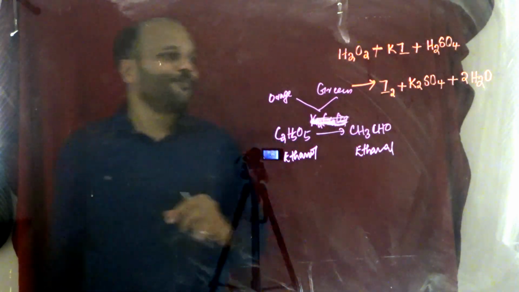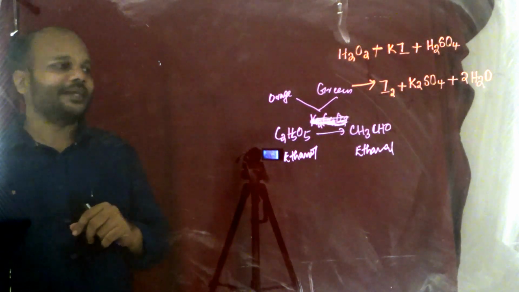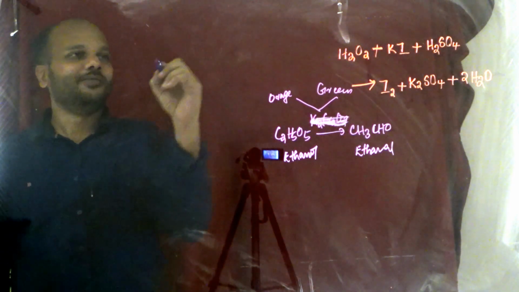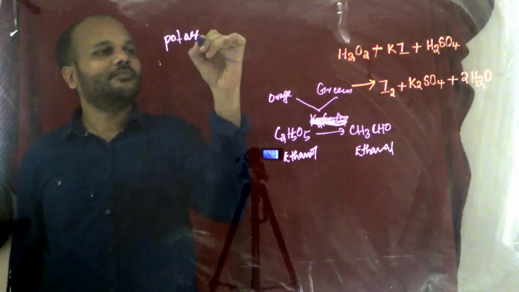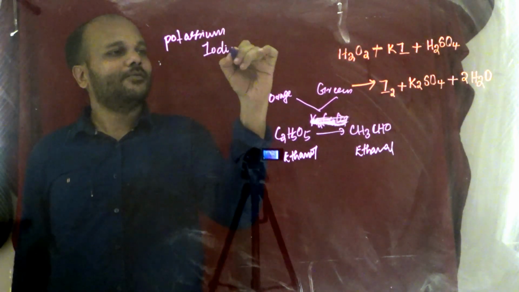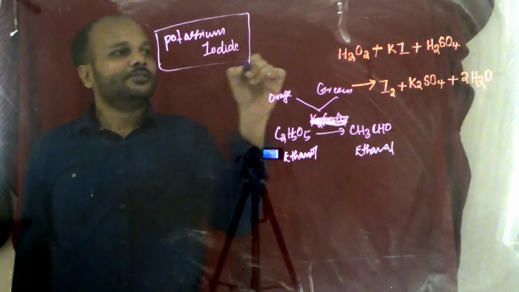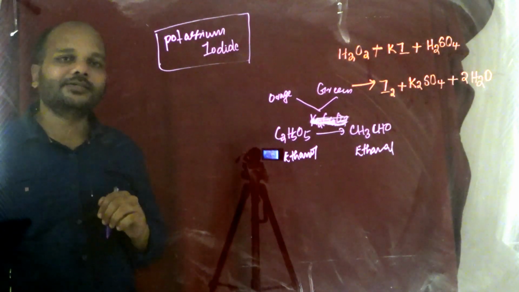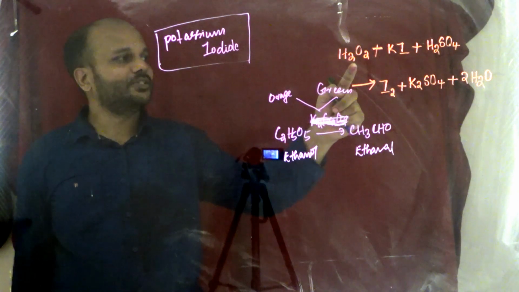Now another reagent, which is a reducing agent, is potassium iodide, KI. I have already written the reaction that potassium iodide brings about.